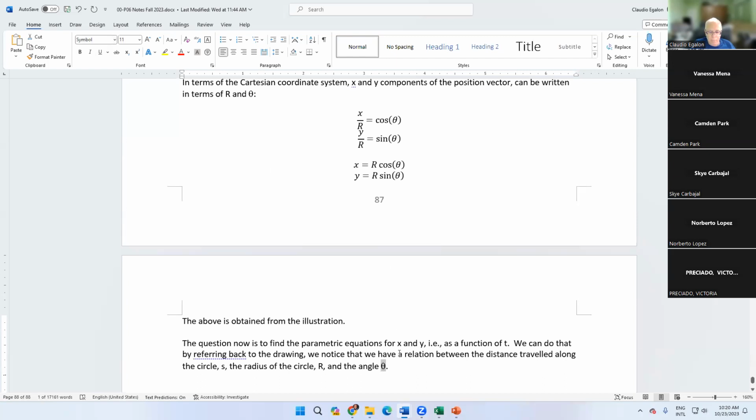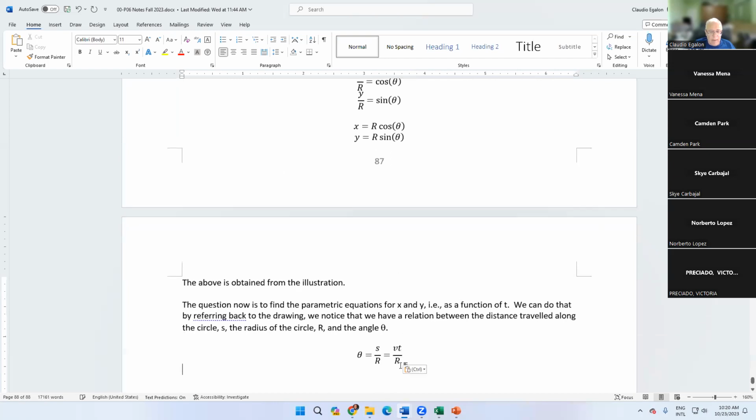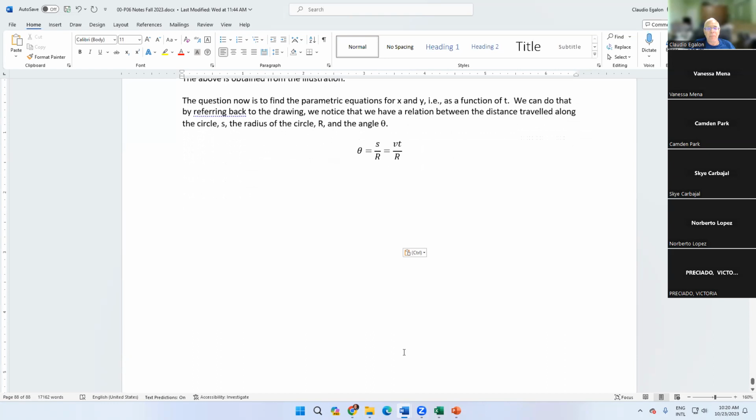Here you go. Here's the relation. That's the very definition of angle. It is the arc length divided by the radius of the circle.